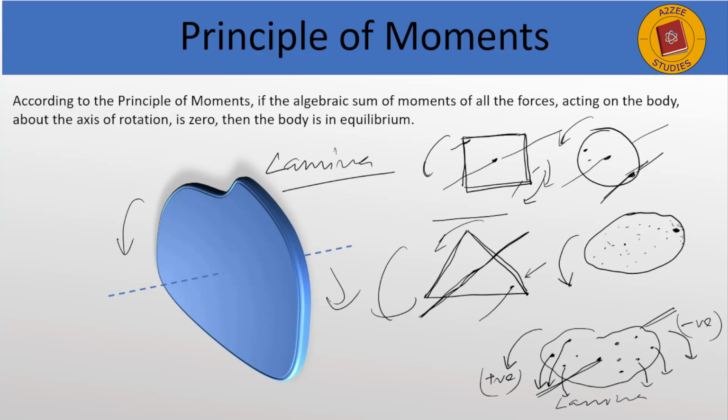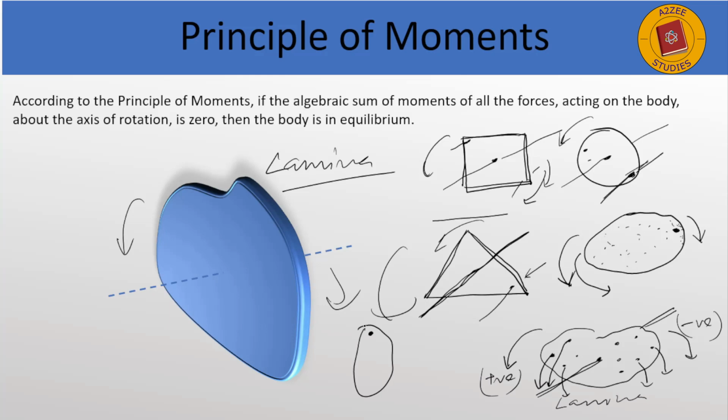Now obviously the sum of the positive moments will be more than the sum of the negative moments. So the body will turn this way. They are not acting in equilibrium. There is no equilibrium at this position, so they will turn so that the lamina comes to this position.